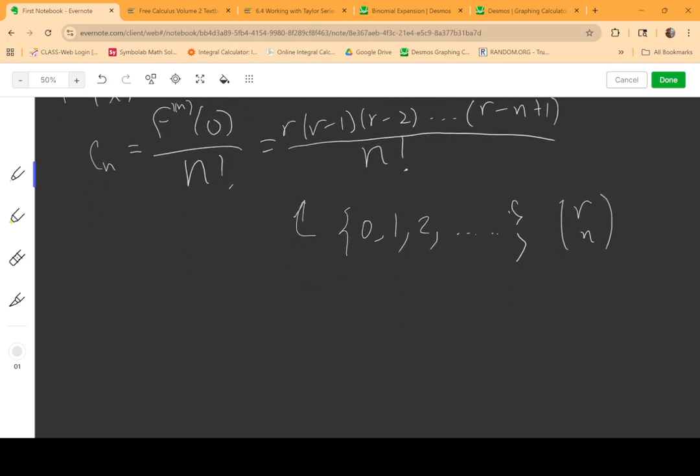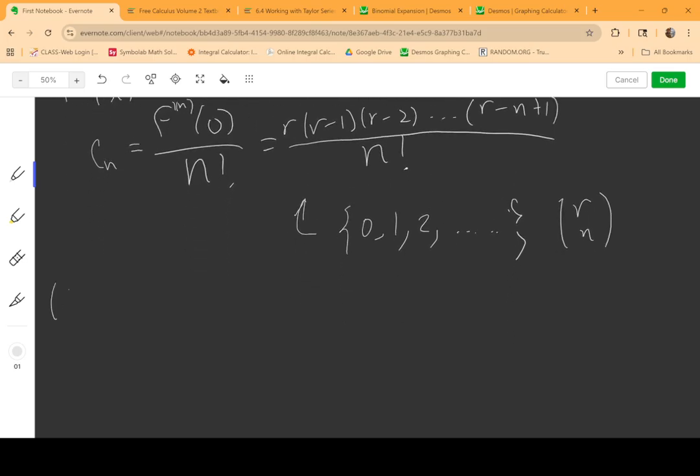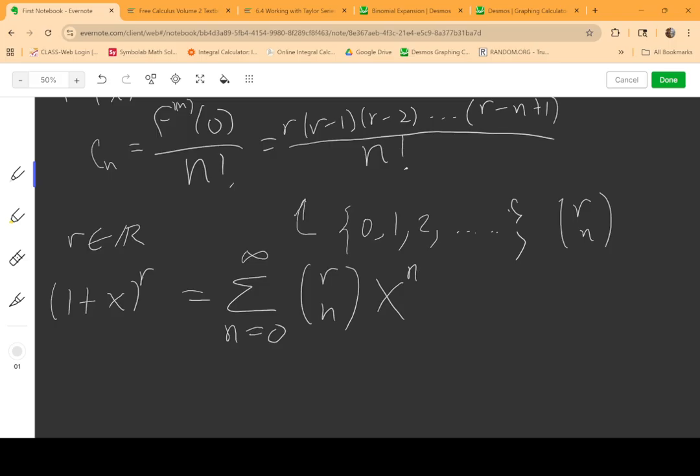So for the binomial series, this would be for any real number r, then I have an infinite series of r choose n times x to the n, where this r choose n number is this formula up here. But we allow r to be any real number. So if it's a half, I can continue using this infinite series.